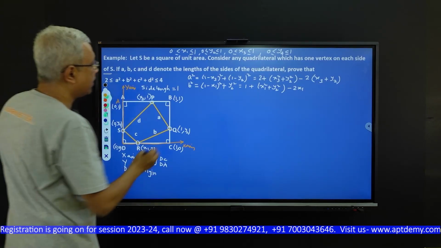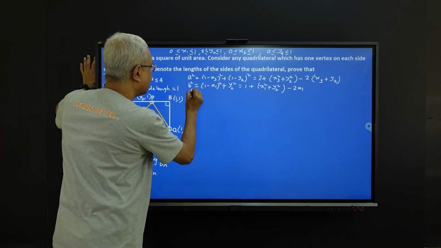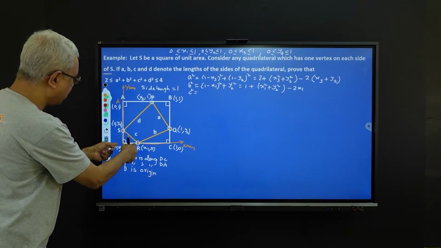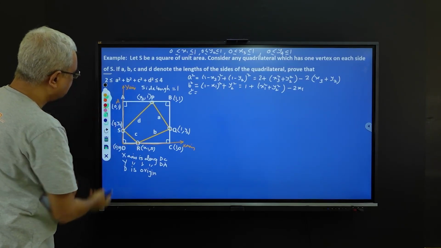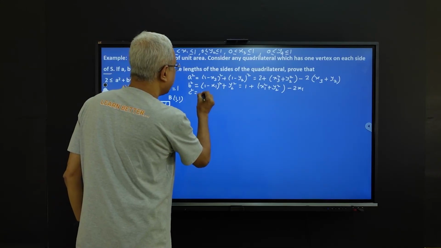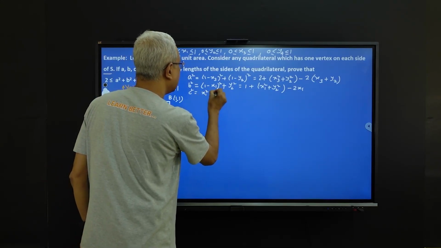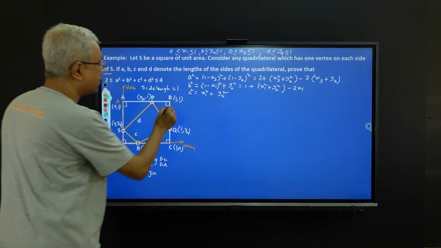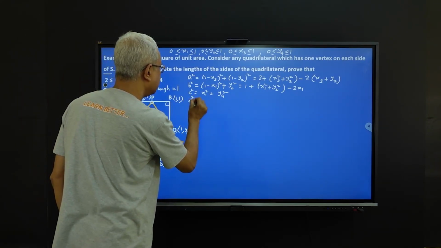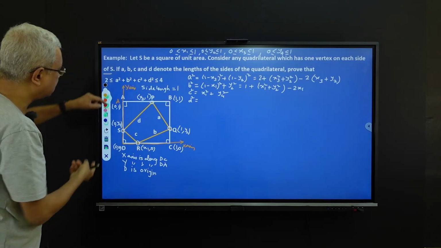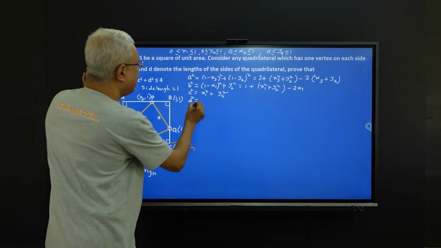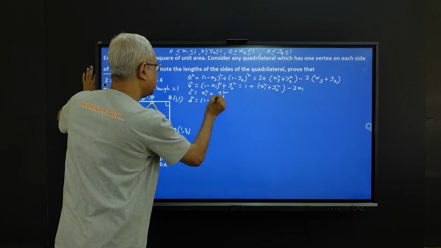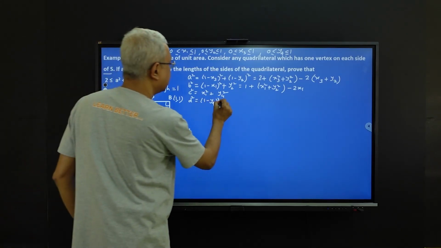Similarly, c square is x1 square plus y4 square, and d square similarly I can write using the Pythagoras theorem. d square is (1 minus y4) whole square plus x3 square.